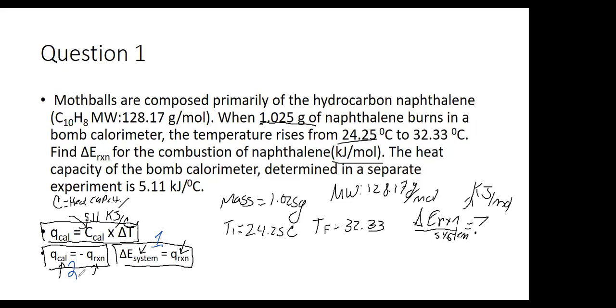To figure out how much heat was absorbed by the calorimeter, we have this equation where the heat absorbed by the calorimeter equals heat capacity of the calorimeter multiplied by delta T. That is our logic here. Delta is always different. Here we don't have a delta Q. We have a delta T for change in temperature and delta E, which is saying what is happening to our system when we blow it up.